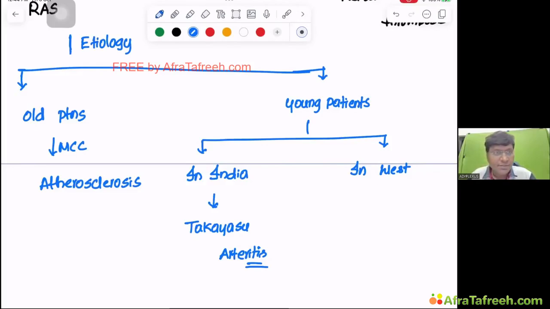So now tell me your differential, I mean the other conditions where you will have a difference in the blood pressures between both the upper limbs. One is Takayasu, and the other, you said, coarctation proximal to the left subclavian artery. The other one is supravalvular aortic stenosis, right?